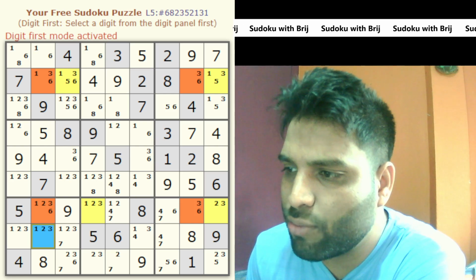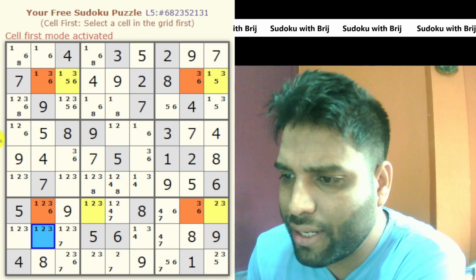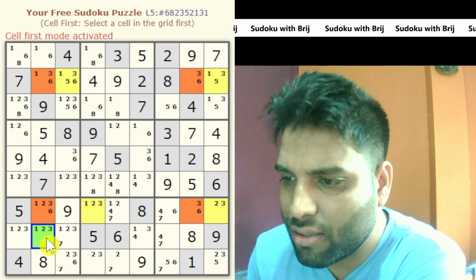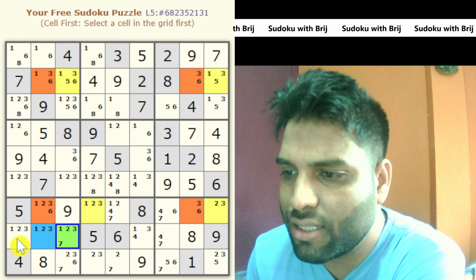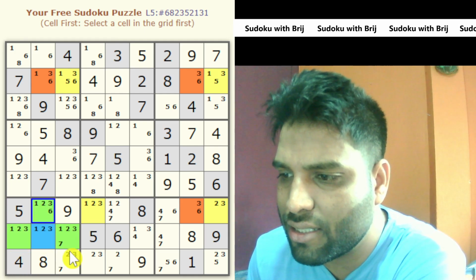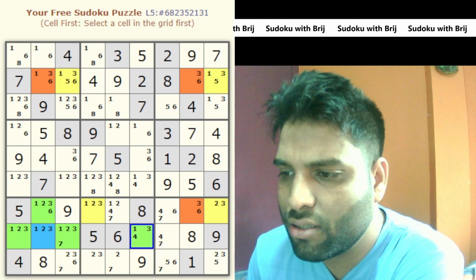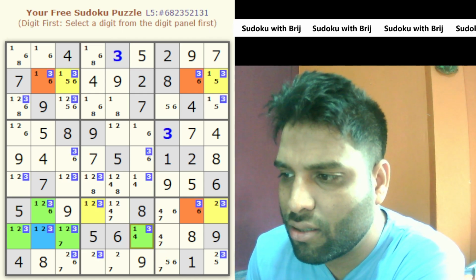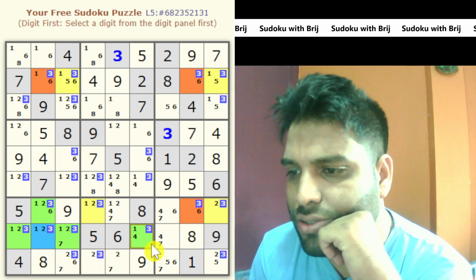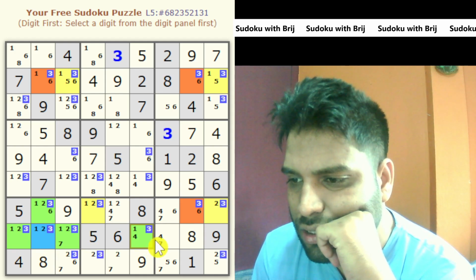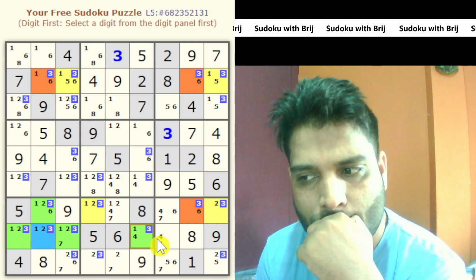If that blue cell is 3, then we can say that this green cell is not 3, this green cell is not 3, and this green cell is also not 3, and this cell is also not 3. Let me go to that again. Okay, this cell is also not 3. So I think there is no conclusion on that. Let me think again.